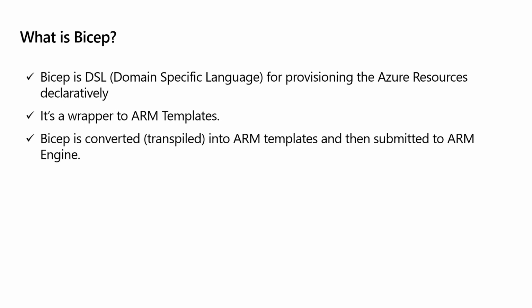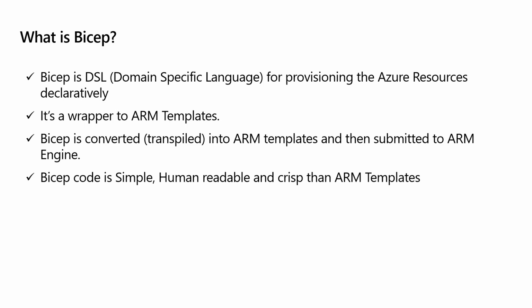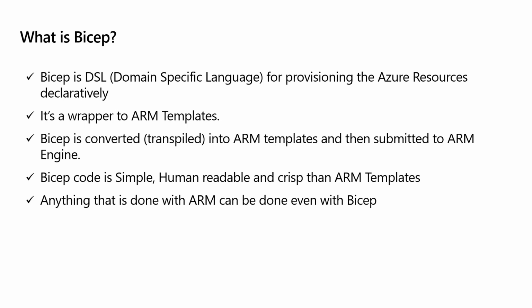And finally, your Azure resources will be created inside Azure. Bicep is very simple and human readable, and it's very crisp than ARM templates. Anything that can be created with ARM templates can also be created using Bicep.